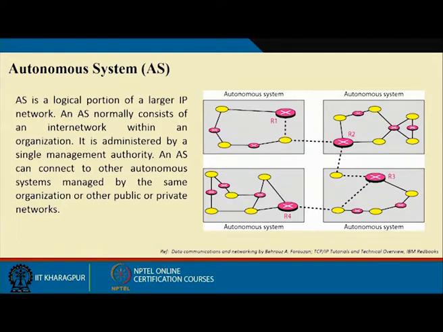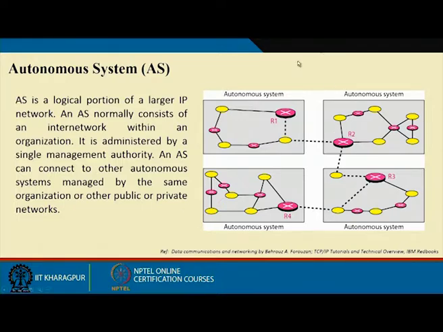Now, within the autonomous systems, routing is done through inter-domain and intra-domain, that is, within the domain routing, and typically OSPF or RIP are the popular protocols used.